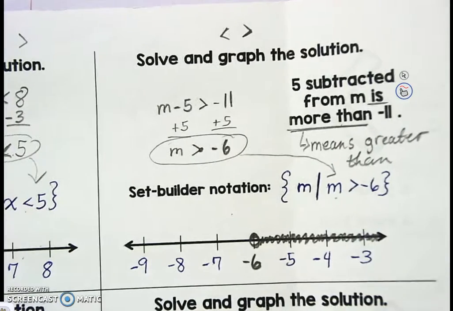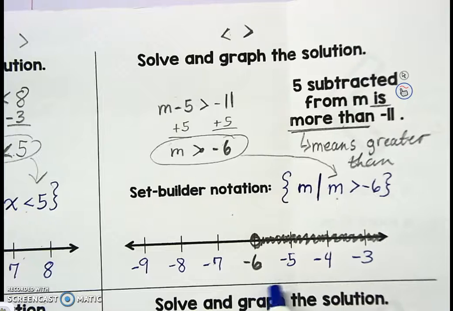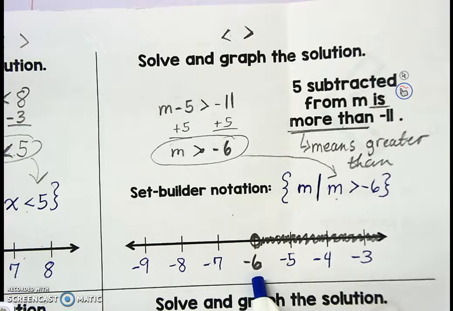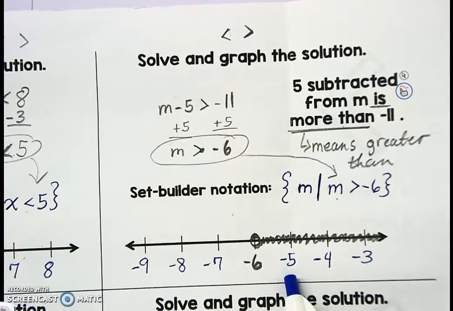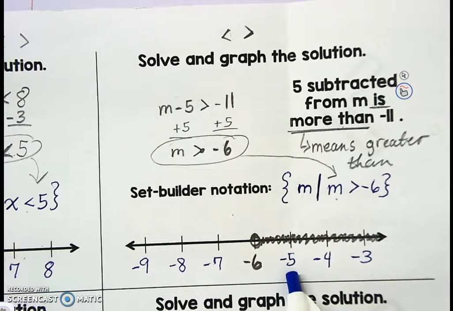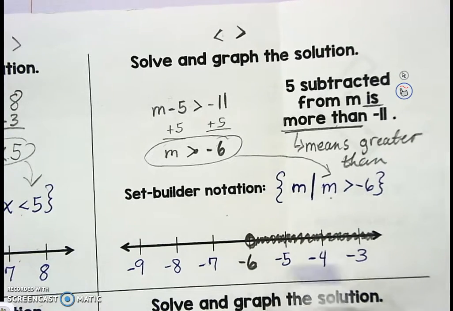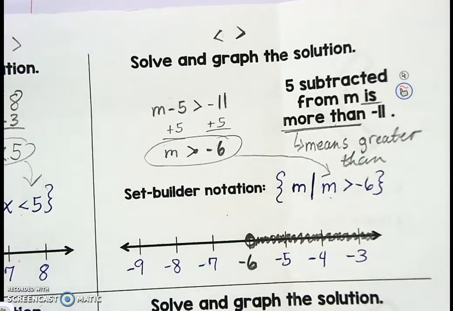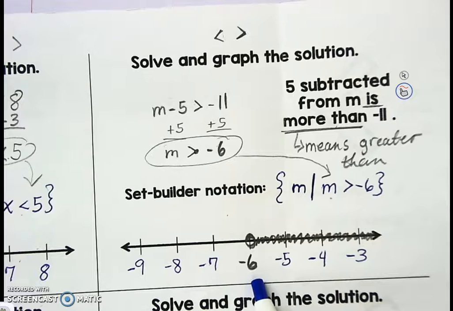Well, if you think about it, looking at these numbers here, if you owe $6, that's a lot of money, right? That you have to owe. But if you owe $5, that's better than owing $6. If you owe $4, that's better than owing $5. If you owe $3, that's better than owing $6.